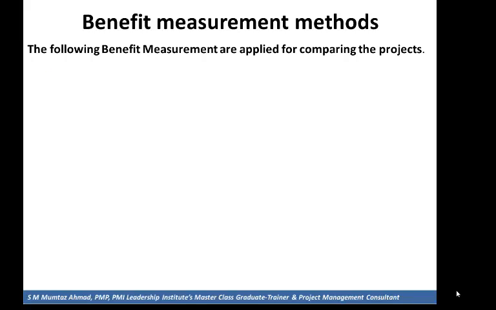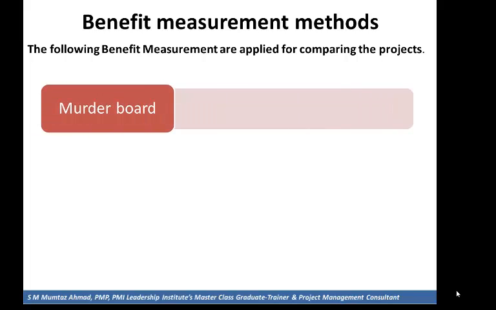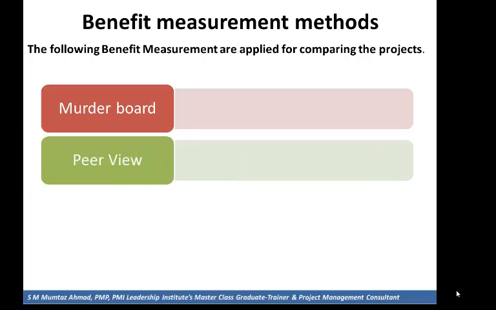The following benefit measurement methods are applied for comparing the projects. Murder board, a panel of people who try to shoot down a new project idea. Peer review, your peers will discuss your projects for final selection.